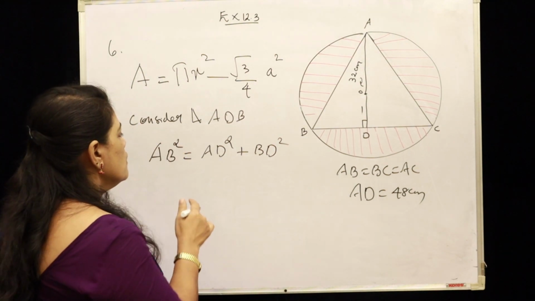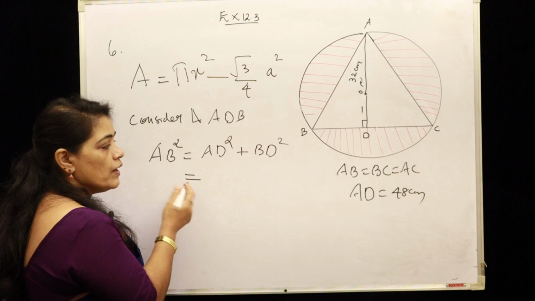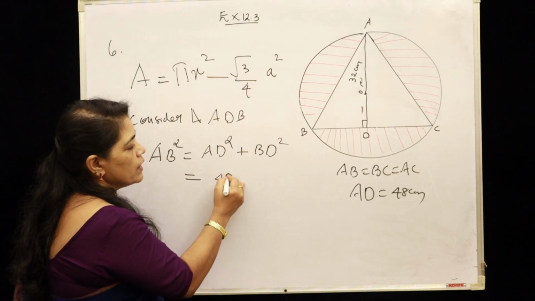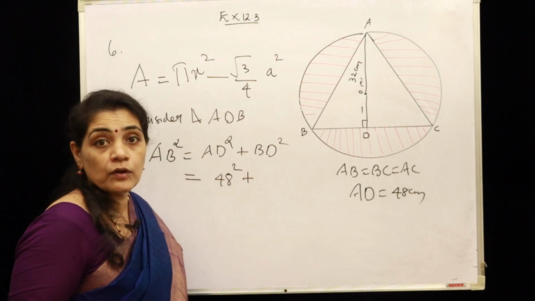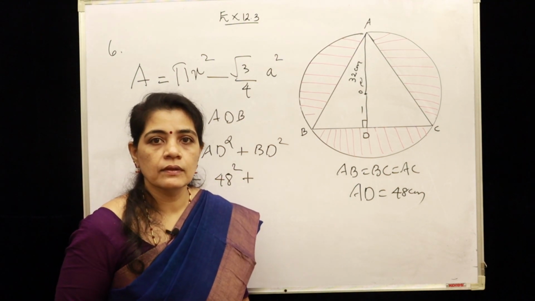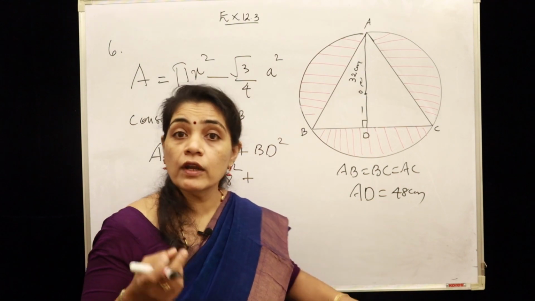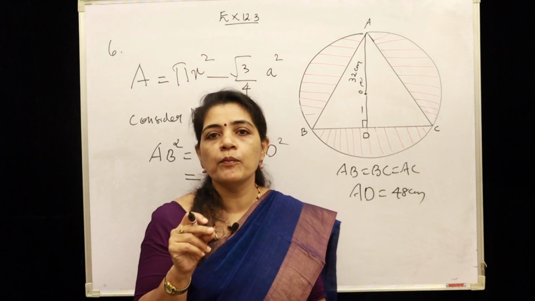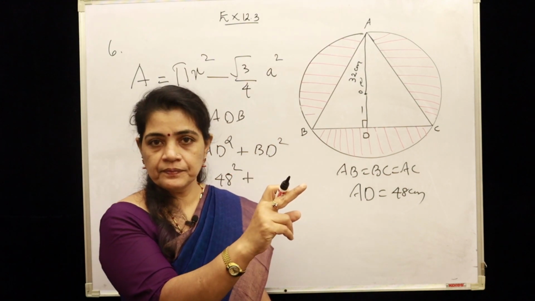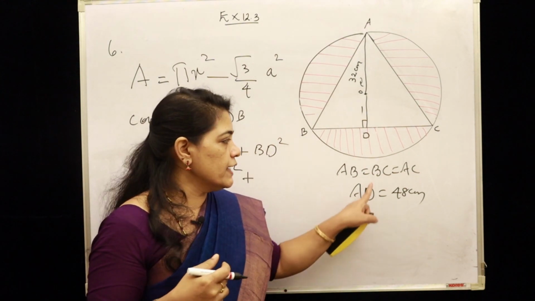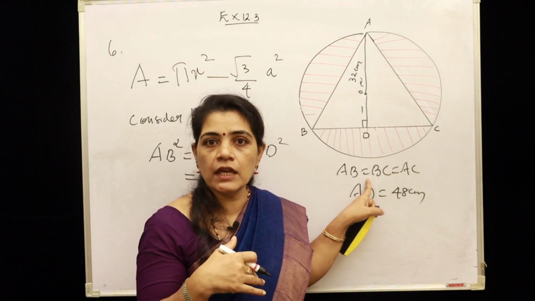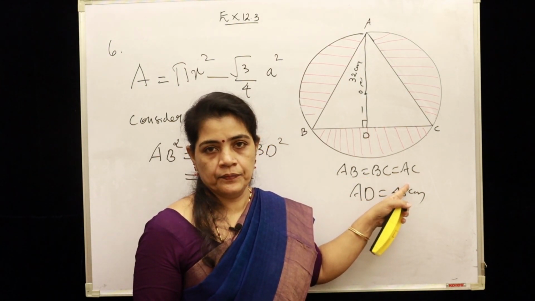So we are going to find AB, right? So AD as 48 square plus, this is another important substitution. BD: I already told you AD is the median, that means D is the midpoint of BC, right? And we have already written here that for an equilateral triangle all sides are equal, so AB equals BC equals AC.